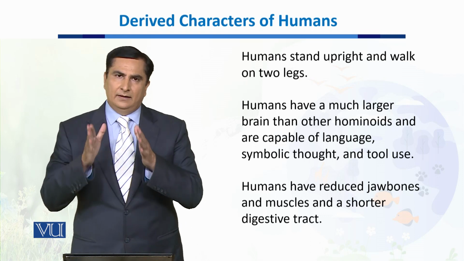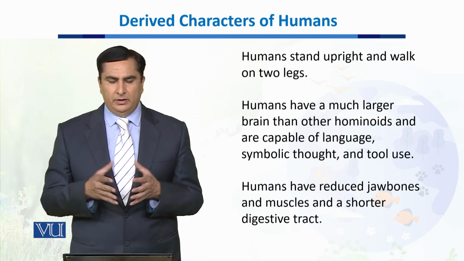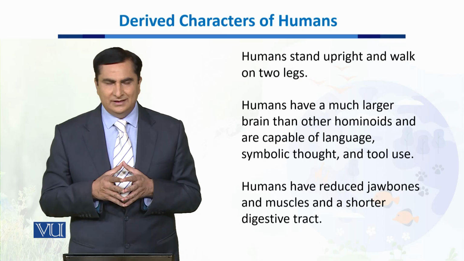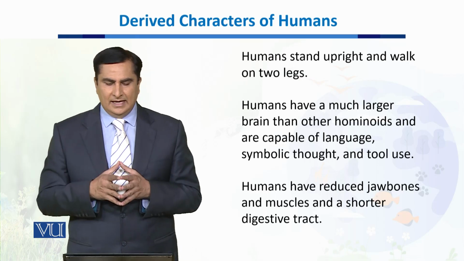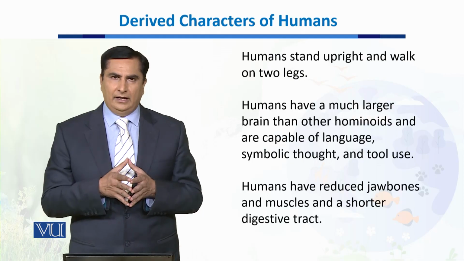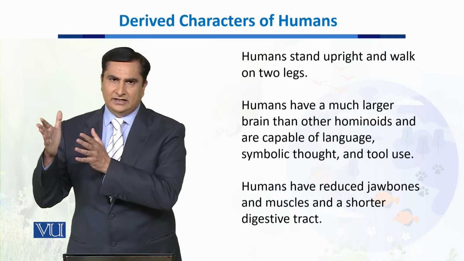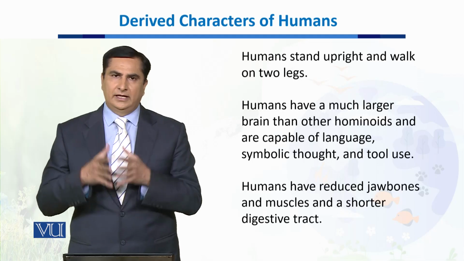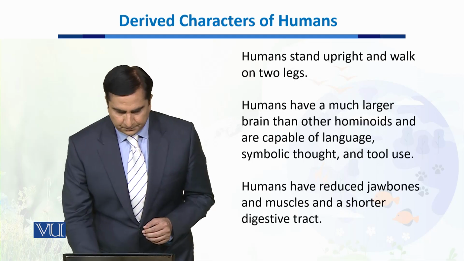Other characteristics include that humans have reduced jawbones, reduced muscles, and they evolved a shorter digestive tract as compared to their ancestors or their closely related primates.